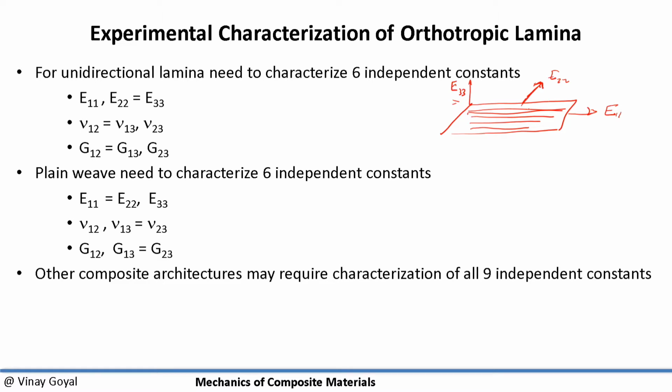Now, since the fibers are going along the one direction, I'd expect E11 to be greater than E22. It has to be, because E11 is aligned with the fiber direction, and the fibers are stiffer than the matrix.